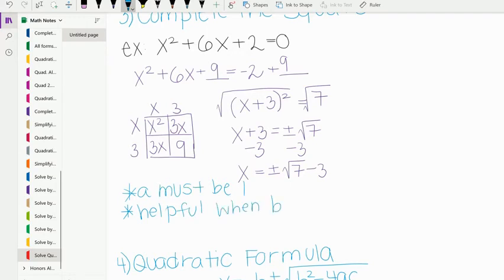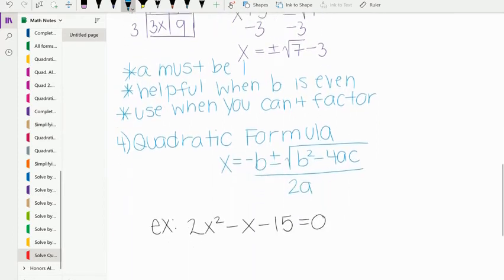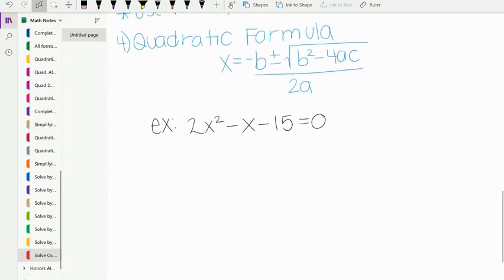It doesn't have to be, but it is helpful. And then the last thing is, use this when you can't factor, because I think most of us feel most comfortable with factoring, so that should be option 1, but if you can't factor, then maybe you go to this.